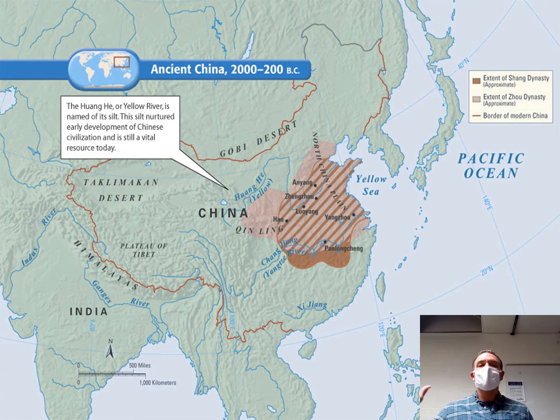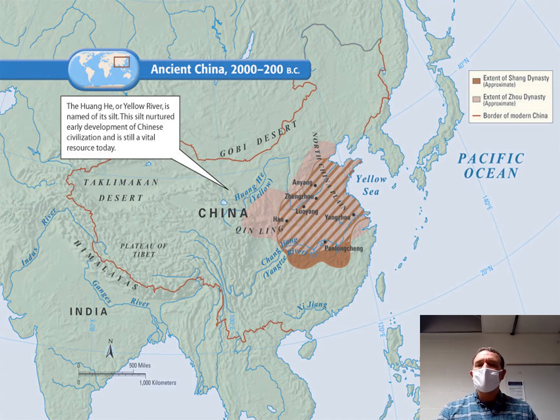To the north, you have the Gobi Desert, one of the largest deserts in the world, and then otherwise bordered by the ocean. And so while you have some places that you may find familiar here, of course, here's Japan, here's Korea, and then here you have the Indo-Chinese peninsula where Vietnam, Laos, and Cambodia are, and then Indonesia here to the south.